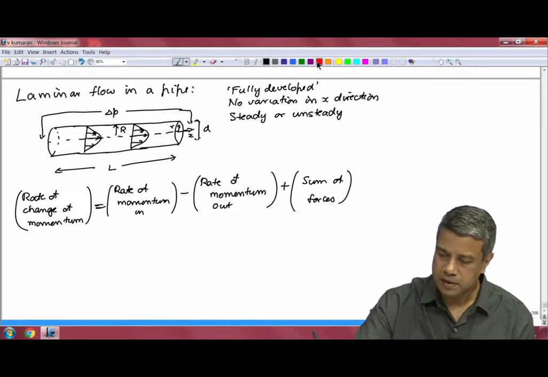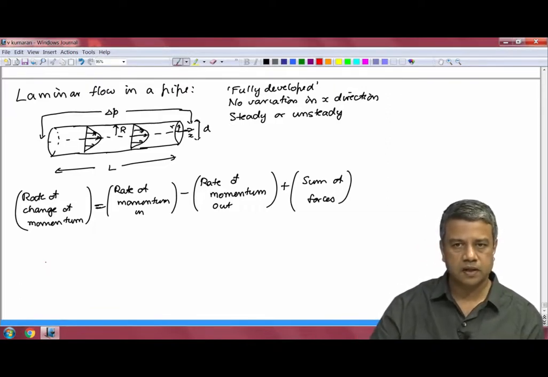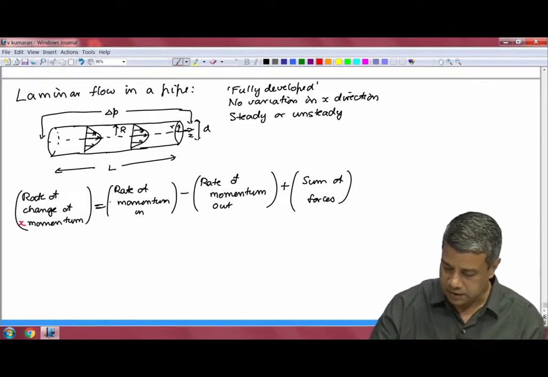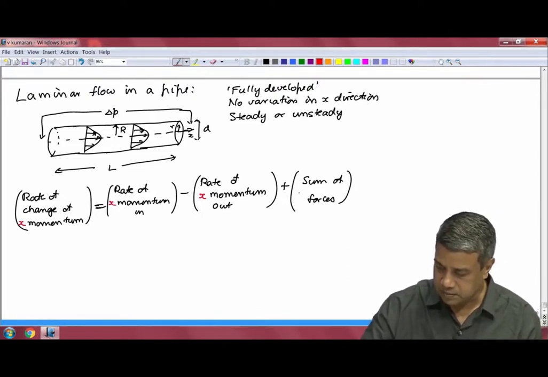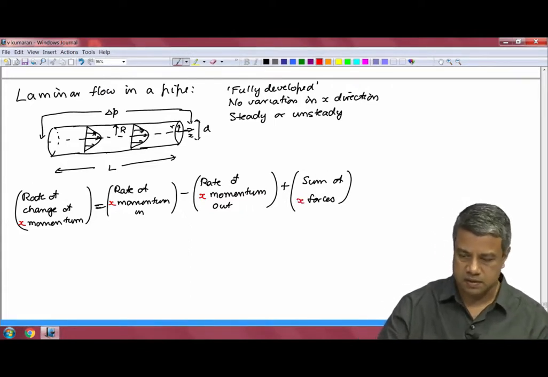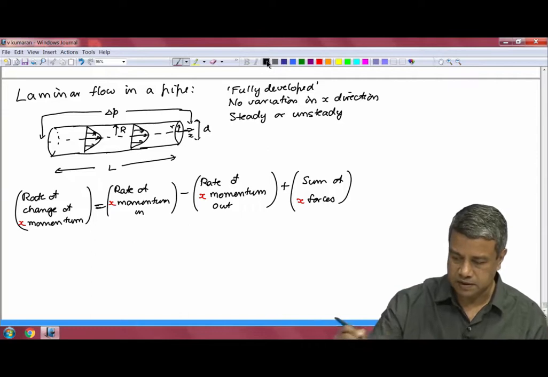And in this case we are writing it for the momentum in the x direction. So, this is rate of x momentum in, x momentum out, and x forces. All these are in the x direction because momentum and force are vectors.